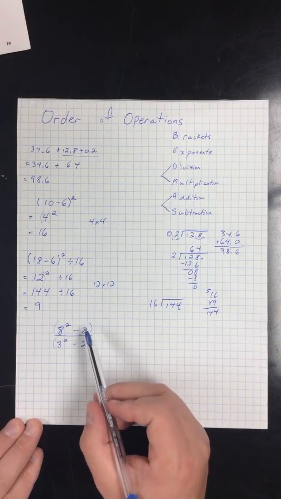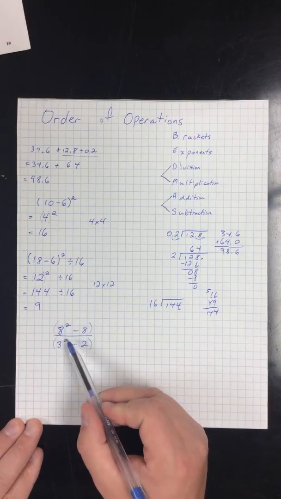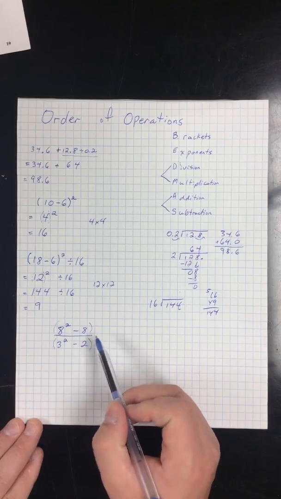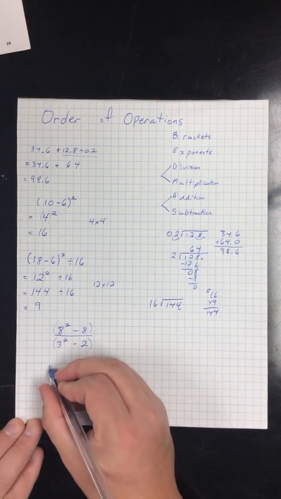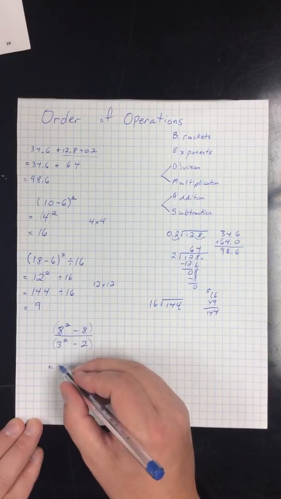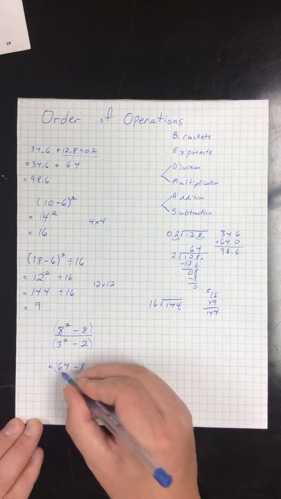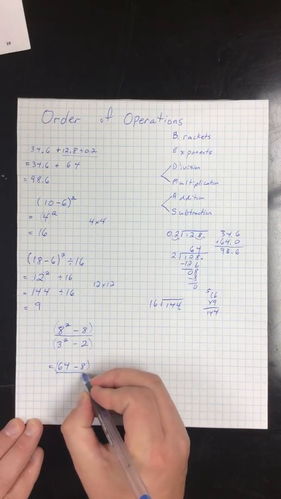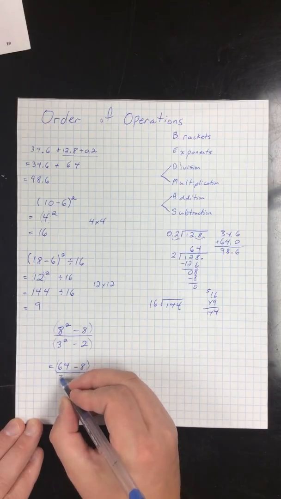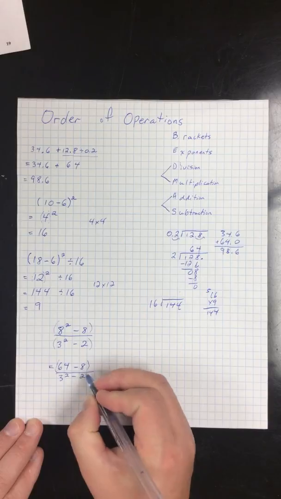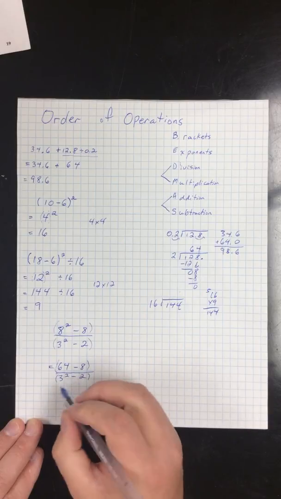So we're going to solve the top, solve the bottom, and then do division at the end. In this case, 8 to the power of 2 is 64. I still have that subtract 8 to deal with. I haven't done anything at the bottom yet. 3 to the power of 2, subtract 2. That's kind of in brackets as well.